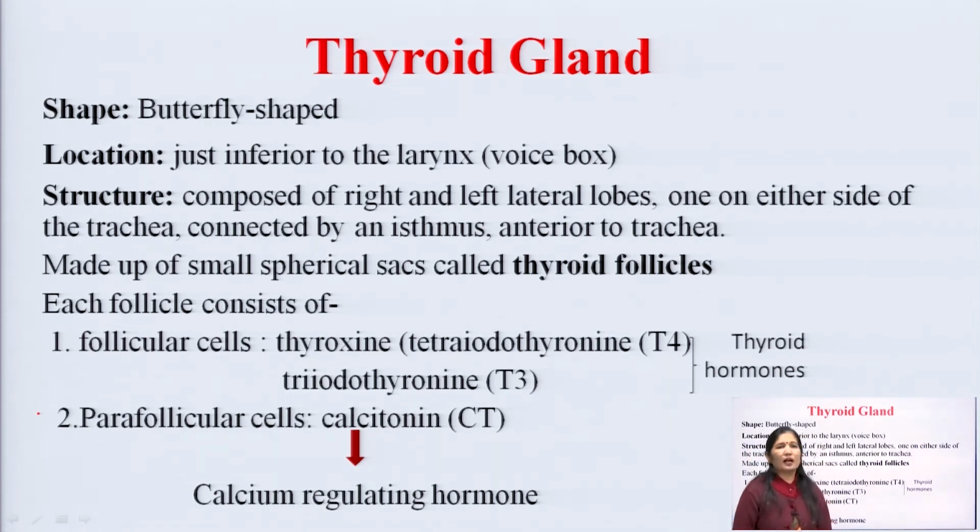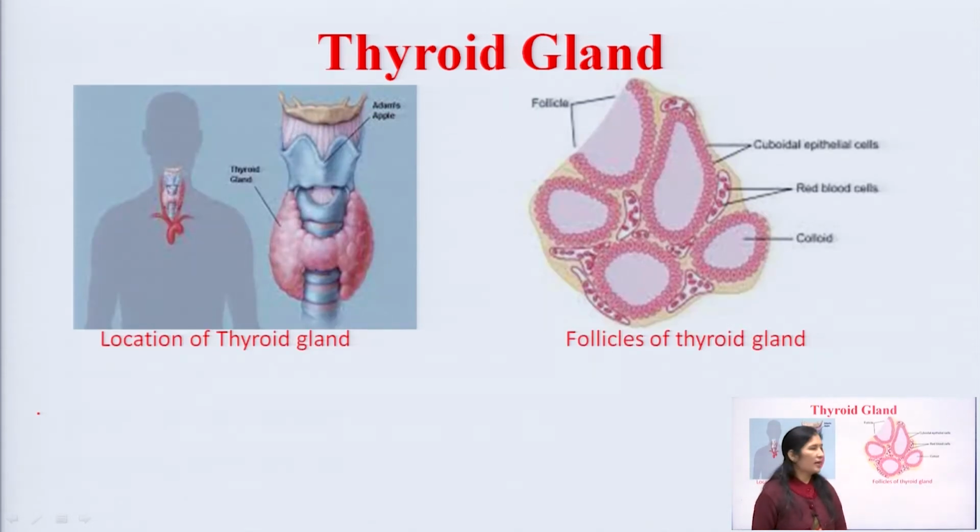Now, what is the structure of the thyroid gland? It consists of right and left lateral lobes, one on either side of the trachea, connected by an isthmus, and the isthmus is anterior to the trachea. I will show in this diagram.